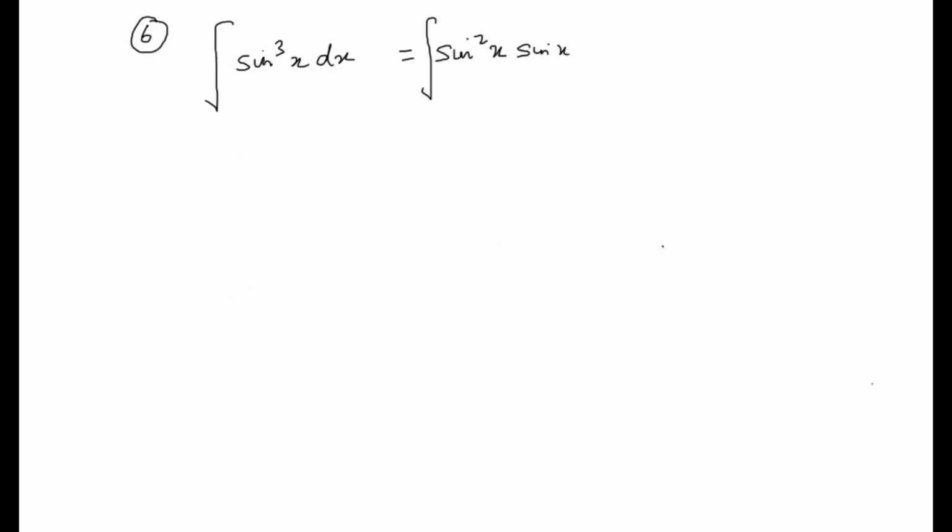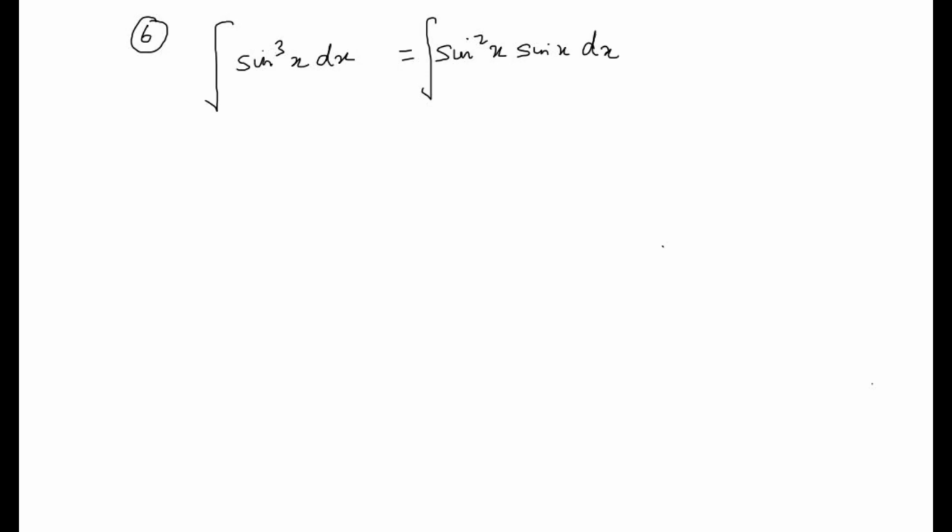The integral you need to be familiar with is the integral of sin³ x dx. So this is an odd power of sine, and the same method would work for an odd power of cos as well. So what you need to do here is replace the sin³x with sin²x into sin x dx.